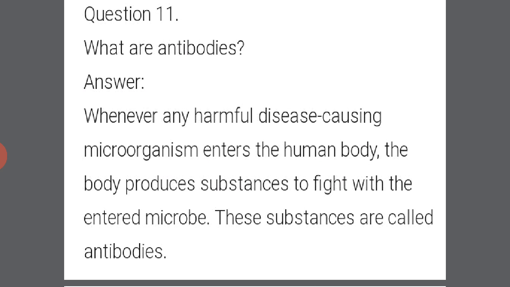The body resists the growth of disease-causing microorganisms in the body, and these substances are known as antibodies.